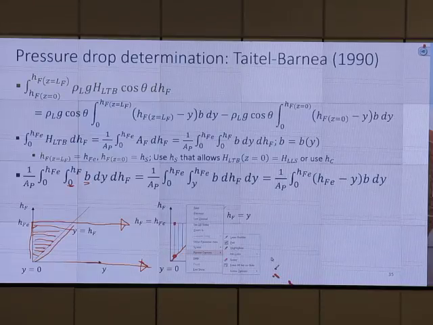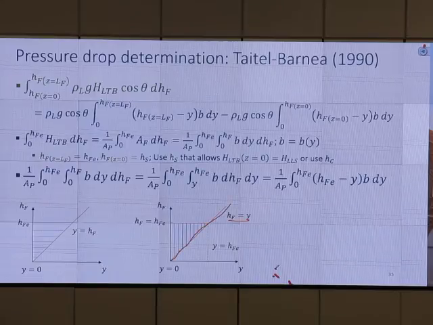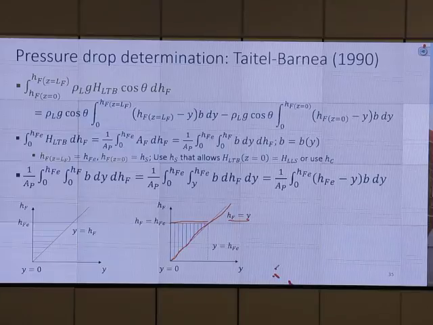So we do the integration from hf equal to y, which is that line, to the top part. The top part is hf equal to hfe. So that is the integration limit.